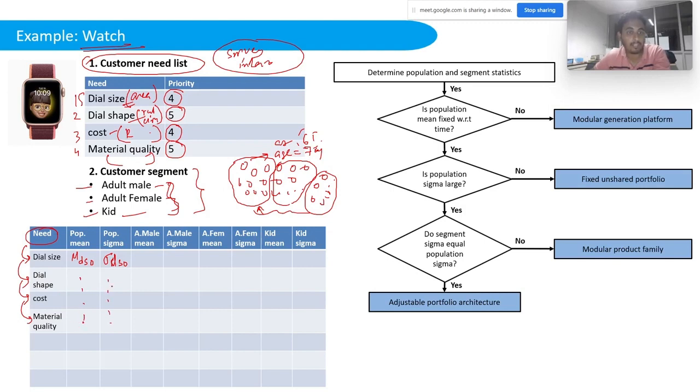Material quality can be qualitative. So there you take the mode. For mode, you try to capture the frequency: how many people say that they want the colorful ones, probably. Material quality may also be metallic. You may have different variations, and when you did a survey for material quality, you can later classify your findings: metallic, then some people may say rubber, some may say plastic.